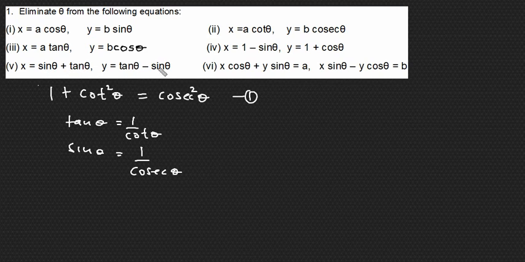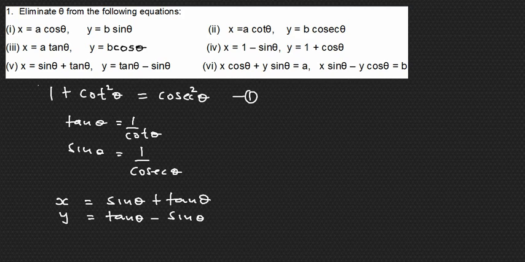Now the difference in sine here helps us to eliminate one trigonometric ratio. For example, I have x equal to sine theta plus tan theta. Then I have y equal to tan theta minus sine theta.